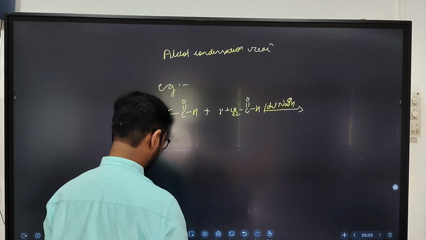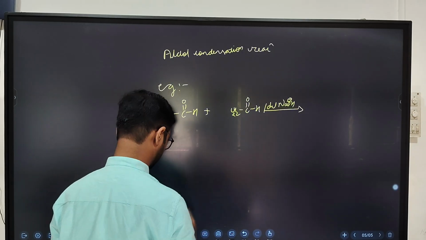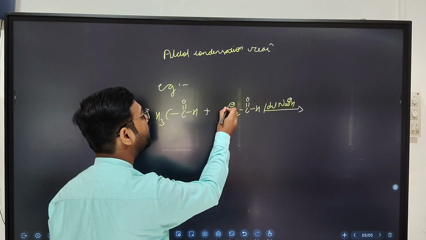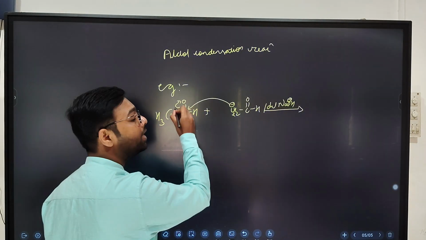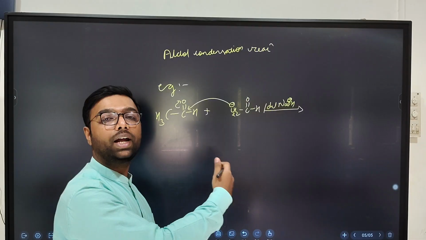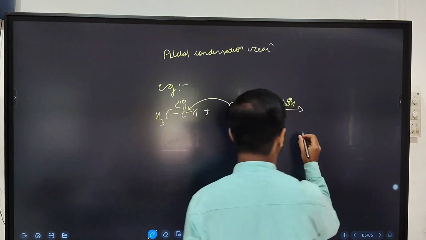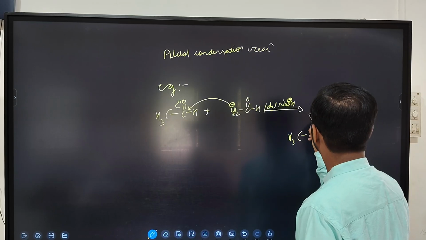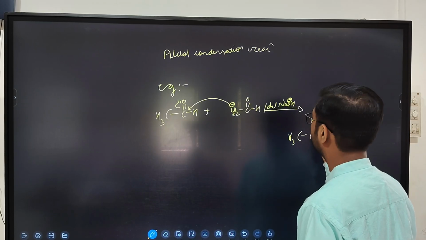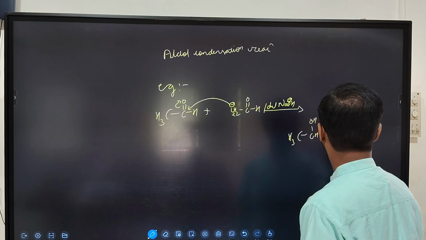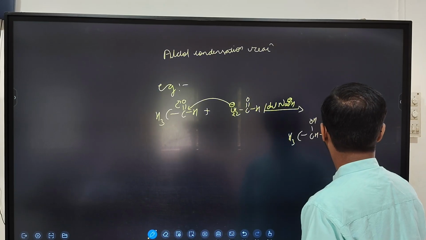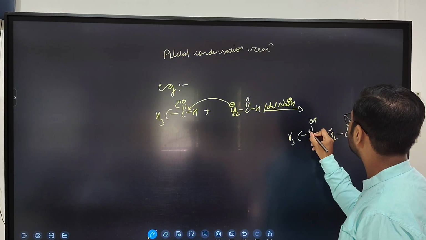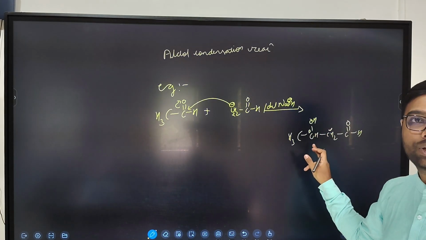It will form a carbanion like this, and this carbanion will attack this carbonyl carbon and lead to the formation of the corresponding beta hydroxy carbonyl compound. So that is CH3CH(OH)CH2CHO. So this is the alpha carbon and this is the beta carbon. So this is a beta hydroxy carbonyl compound.